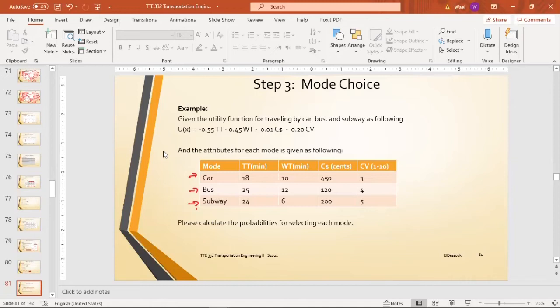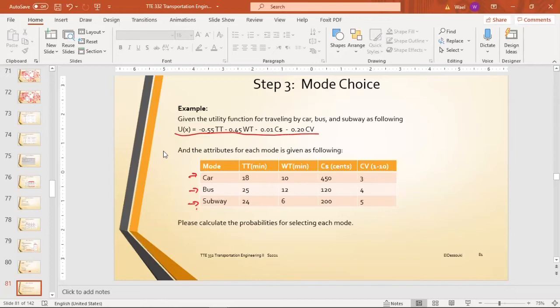So the car is 3, the bus is 4, the subway is 5. The cost for the car is 450, for the bus is 120, and so on. And this is the utility function that is governing these modes of transportation.